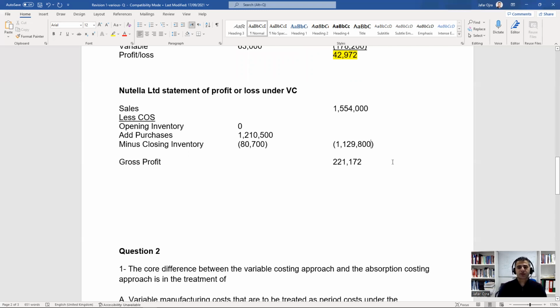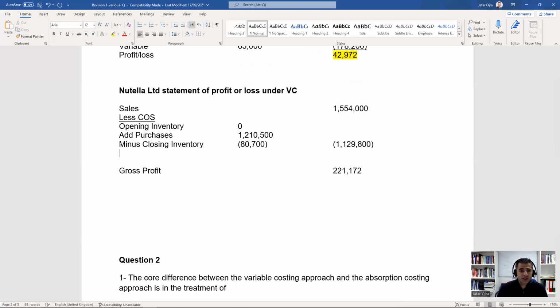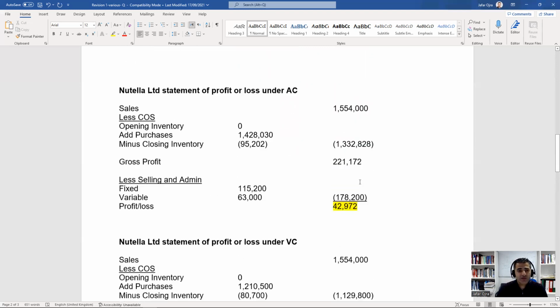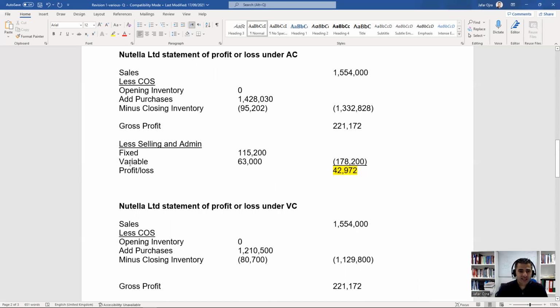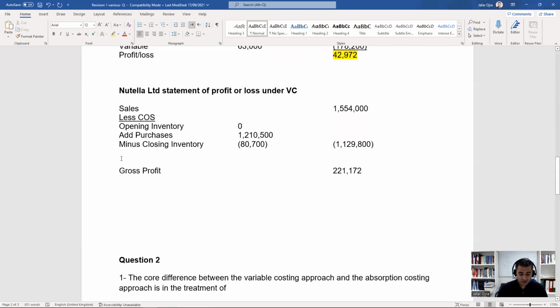1,129,800. That's great. Excellent. So now before we calculate the gross profit, because we are doing the variable costing element, we need to add the variable selling and admin, right? Did you remember the variable selling and admin, the 63,000 pound, calculated under the absorption costing when we put it under period cost here at the end? This 63,000 needs to be added here.